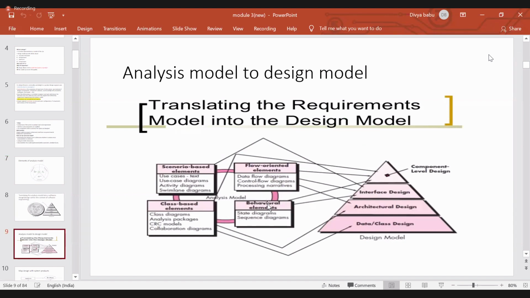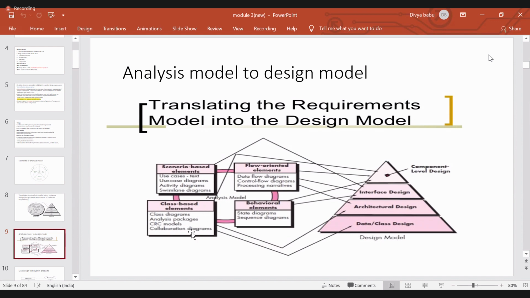Behavioral means state and sequence diagrams. Class-based means class, object, CRC, and collaboration diagrams. So from this analysis model we discussed in the previous unit, we need to convert the analysis model into the design model.